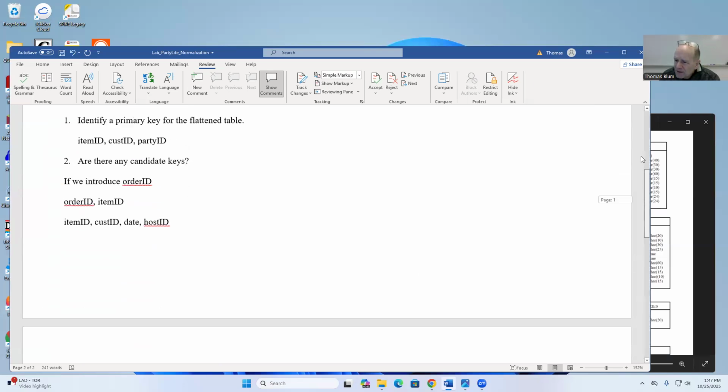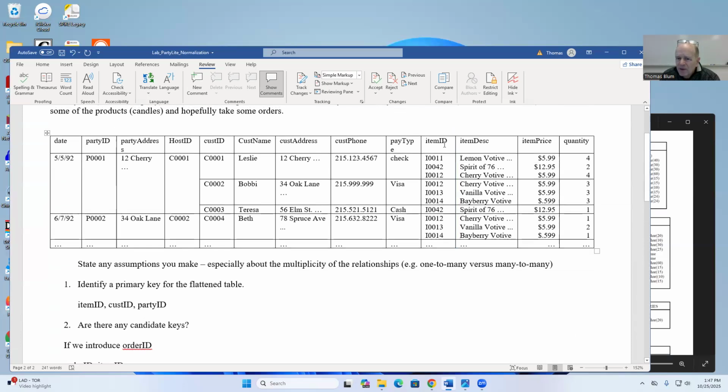It won't tell me the quantity. I don't know how many they bought, but it does tell me, if I know it's I0011, item 11, I know it's a lemon votive, and I know it's 5.99.